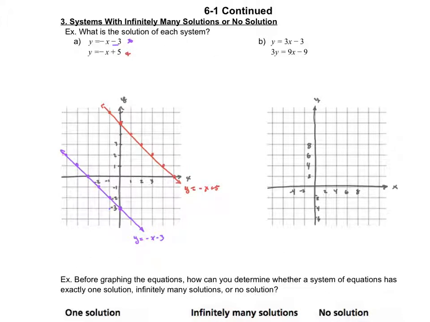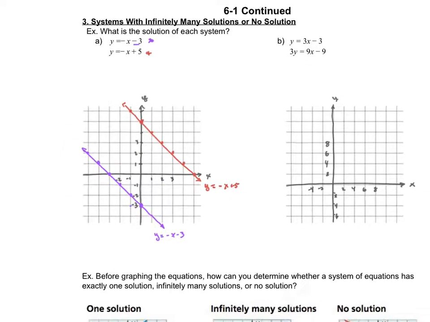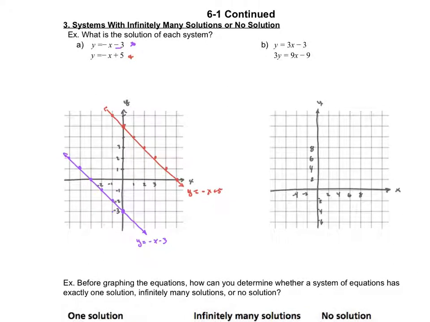What I know here is I can look at these two equations, depending on how you graph them and your accuracy, and those two equations will never touch. They both have the same slope of m equals -1, and they have different y-intercepts.